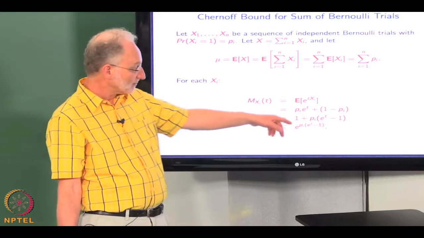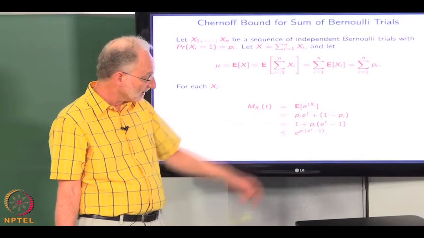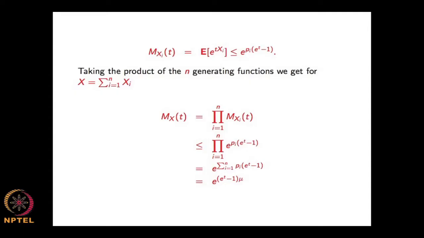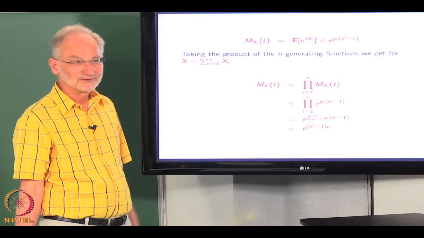Now we do some manipulation here, and it's bounded by e^{pi(e^t - 1)}. So now I have a bound for the moment generating function of each Xi. I take the product of them and I get a bound for the sum. Throughout this talk I'll skip the arithmetic and symbolic manipulation.